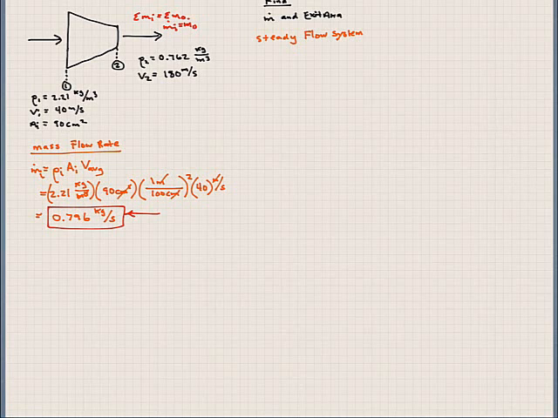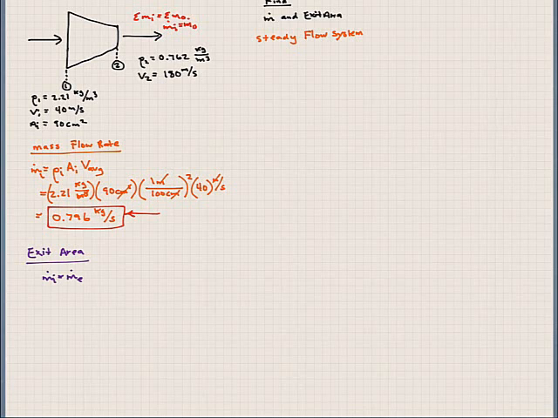The next question is we want to find the exit area. The exit area we can calculate using our mass flow rate. Remember, we just stated that mass flow rate in is equal to mass flow rate exiting, since this is a steady flow system with only one inlet and one exit.